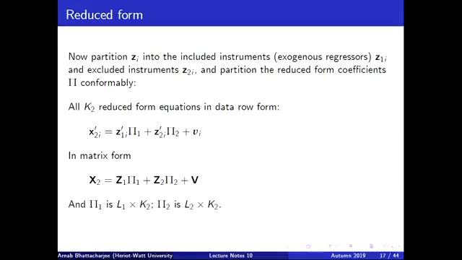So in matrix form, we can once again write this in the following way. Right? This pi 1 is L1 by K2, this pi 2 is L2 by K2. So far so good? Okay? Where is the interesting thing going to be? It is going to lie in the pi 2.